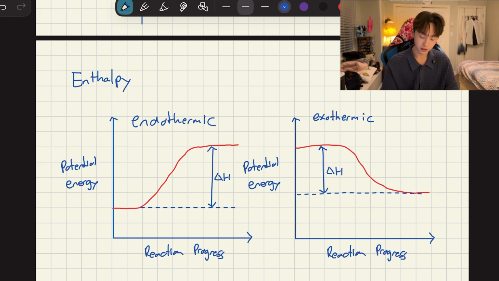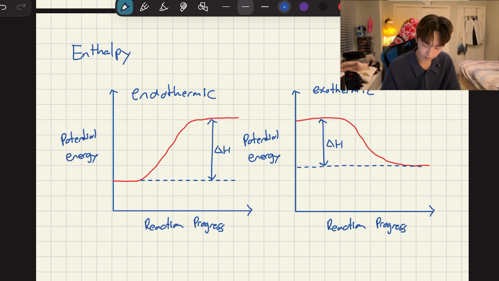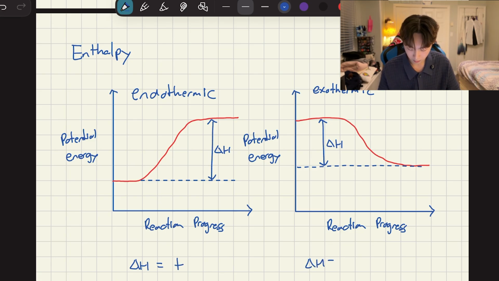So if we look at the first one on the left side, the endothermic reaction, we see that it goes up, right? So our change, our delta H, is going to be positive. And on the right side, it goes down. So it's going to be negative. So why does this matter? It's because reactions tend to favor exothermic reactions.